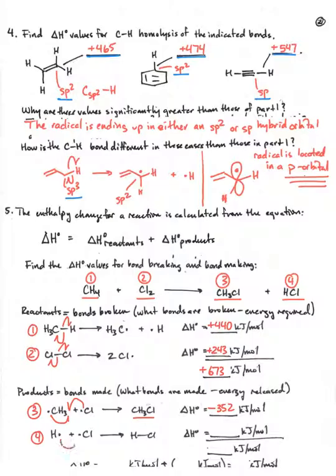We have hydrogen radical combining with chlorine radical to give us hydrogen chloride. That releases 432 kilojoules per mole. We add that up, we get negative 784 kilojoules per mole. And so the delta H for the reaction is the sum of those two.